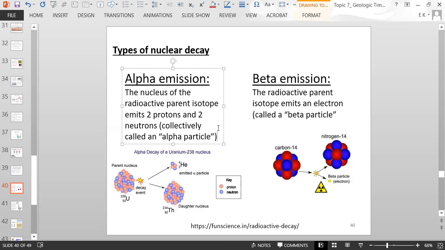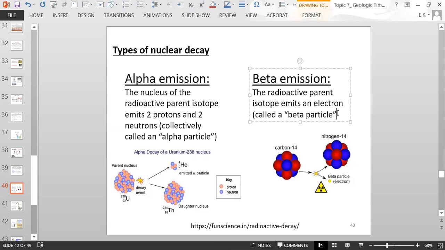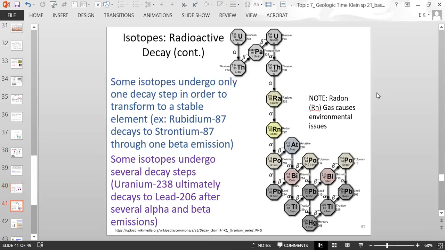Beta emission is when the radioactive parent emits an electron, and that's called a beta particle. So isotopes that are unstable actually lose particles. They emit particles into the environment, and that's how they decay.